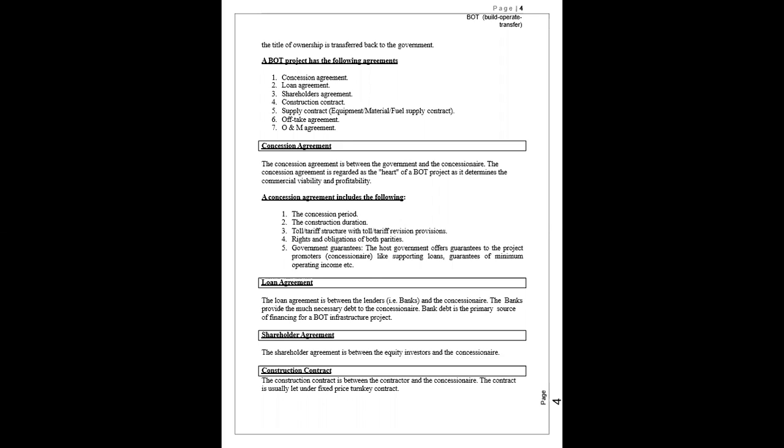That may be supplying some equipment, some material, or some fuel, etc. Sixth agreement is offtake agreement, and seventh is operating and management agreement, that is O&M agreement. So if you look at the first agreement, that is concession agreement.